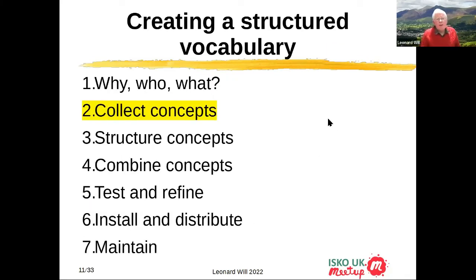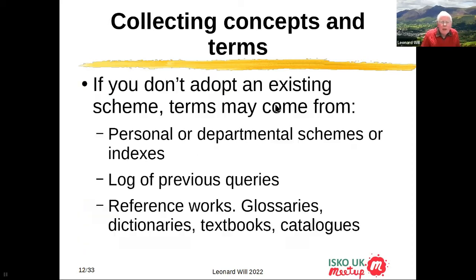So once we've decided what we're going to do, the first stage is to collect concepts, the concepts being units of thought, which you are going to organize material by. And if you don't adopt an existing scheme, these terms may come from personal or departmental schemes or indexes.